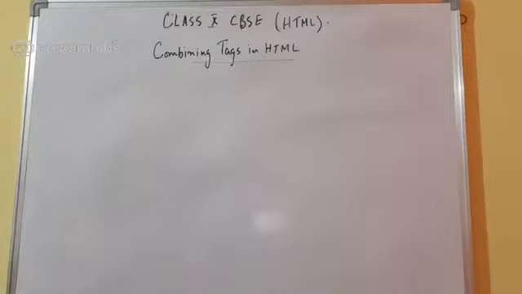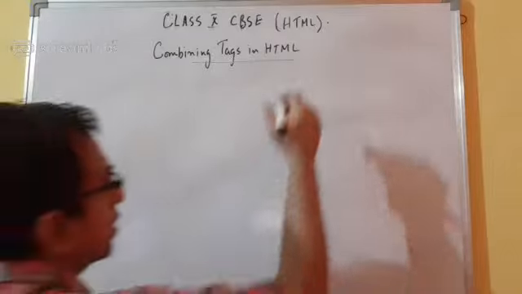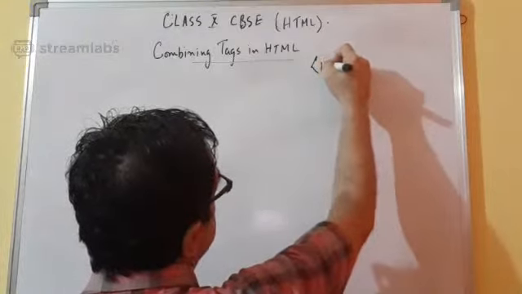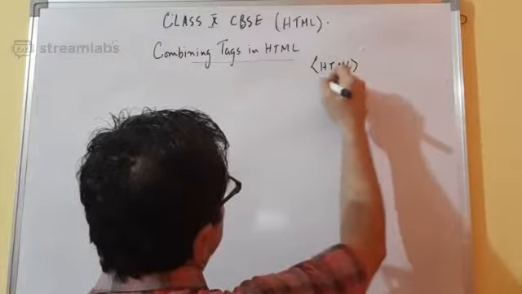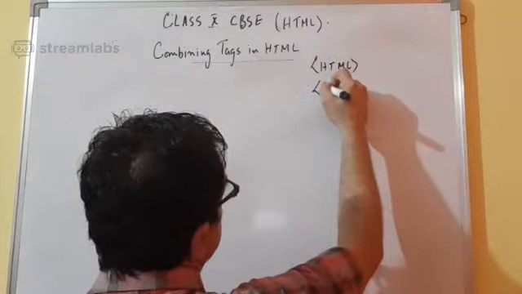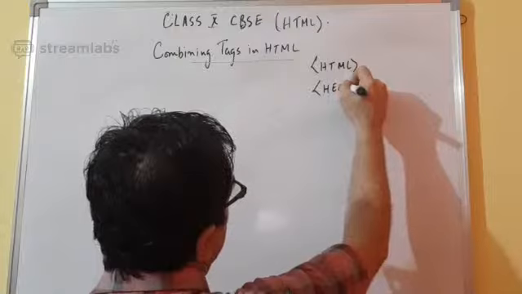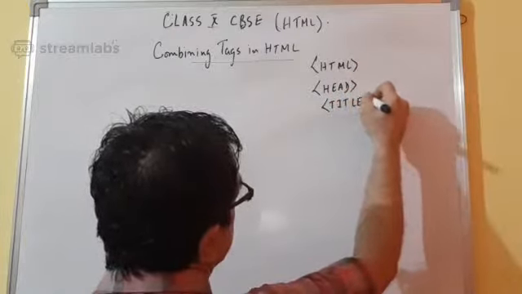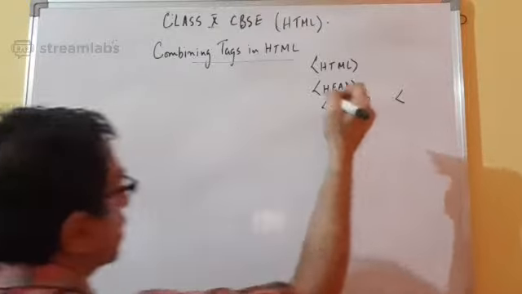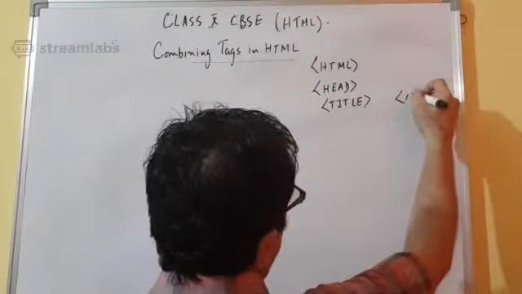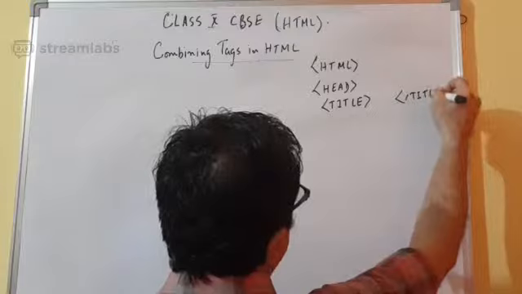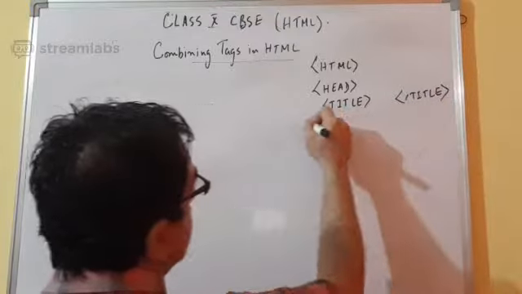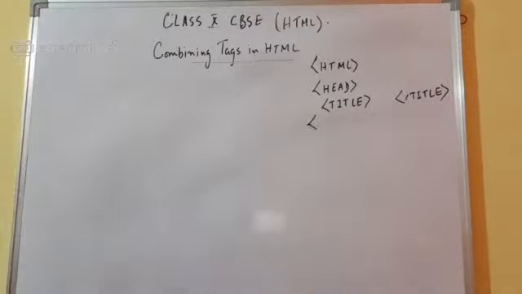Okay. So what we need to do right now is, you must have seen that whenever we are writing an HTML tag, then we write the head tag, then within the head tag you write the title tag, and whatever title you want to give, you can give it. Now this title tag will be a paired tag, so that's why it's put within angular brackets and forward slashes.